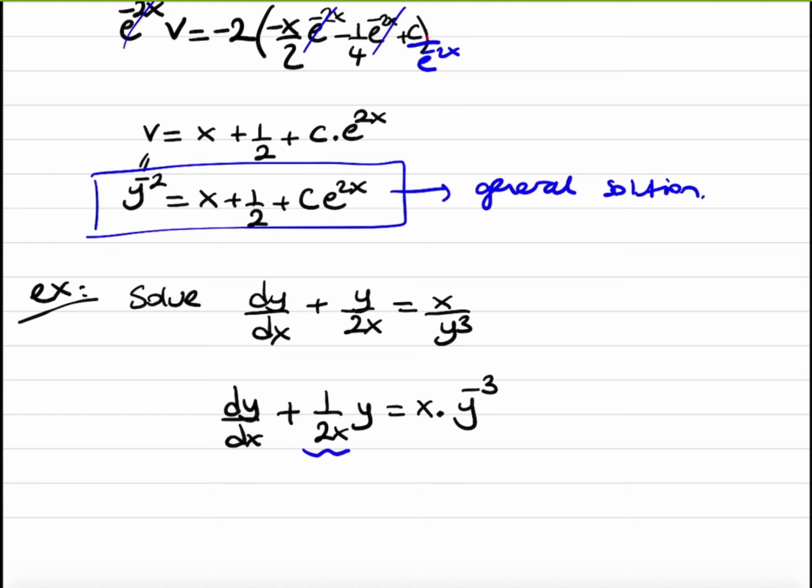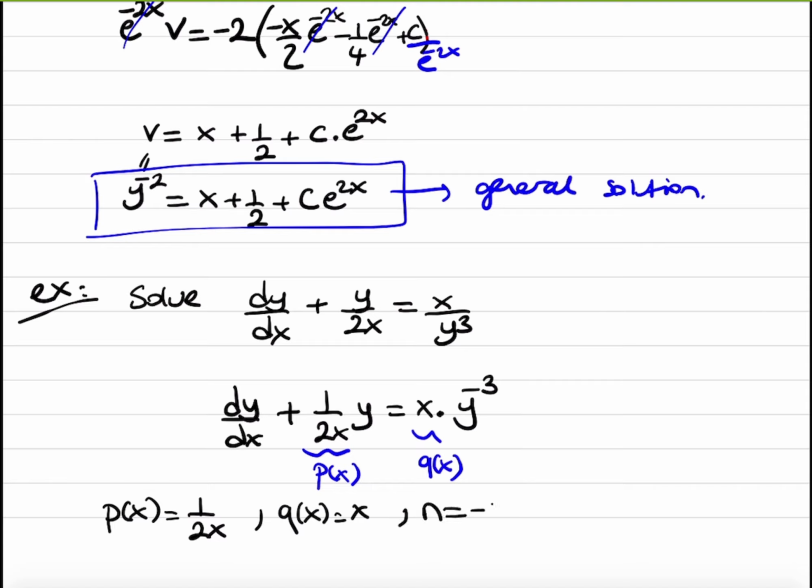So here we have p of x, q of x, and n. Our p of x is equal to 1 over 2x, q of x is equal to x, and this time n is equal to minus 3. So we don't need to always have a positive number, right? We can have negative numbers also, minus 3.